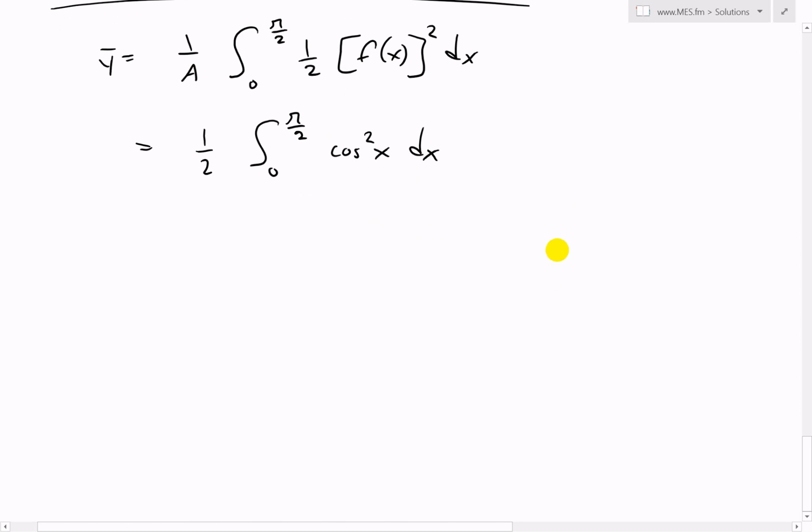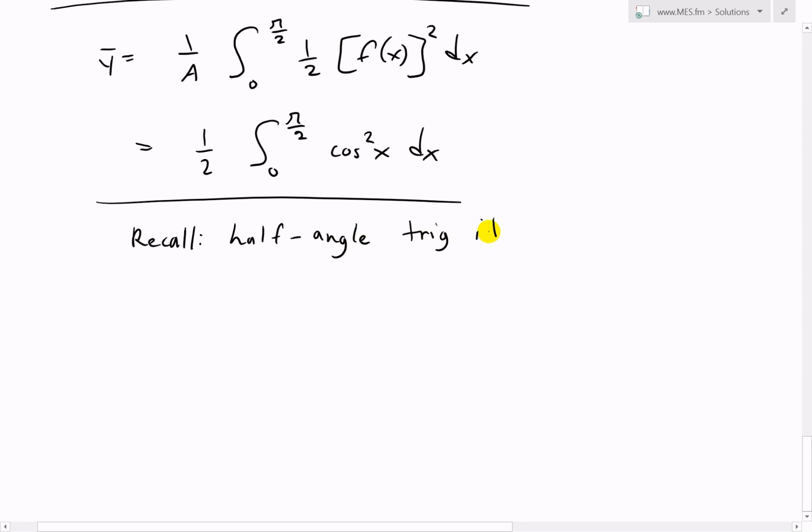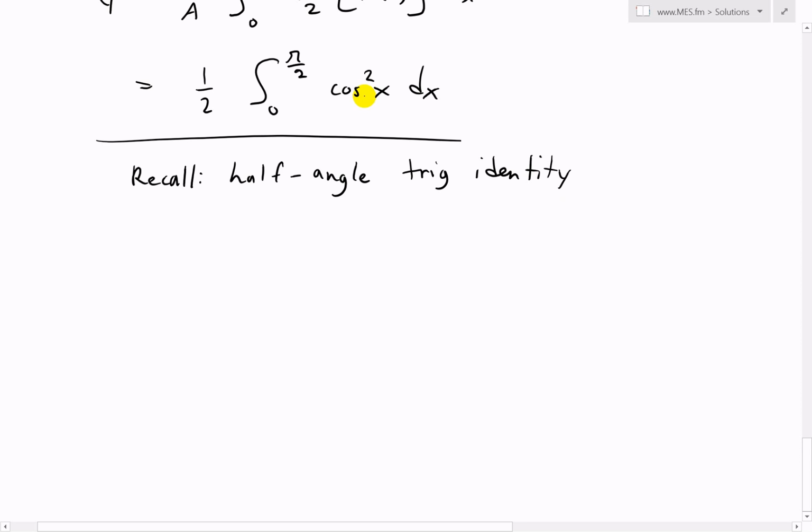So in solving this one, you could basically use the trig identity first. Recall the half angle trig identity, which I've proved in my earlier video in the video link below. To simplify this because it's a cosine squared, we could write this in terms of just a cosine.